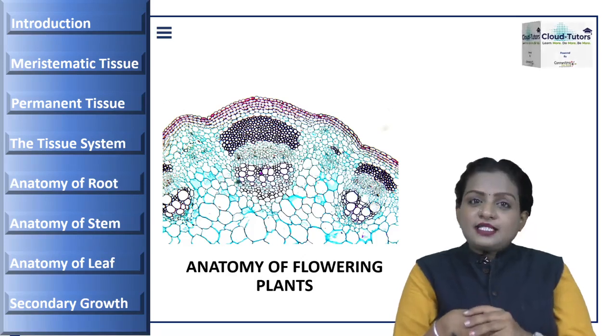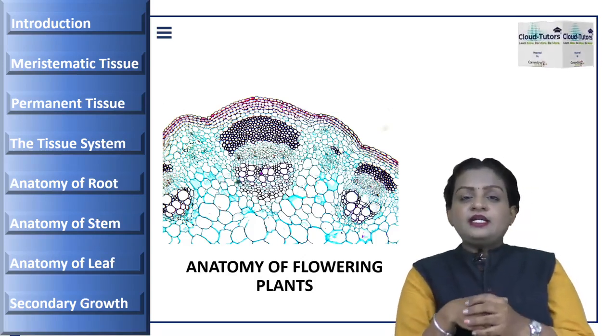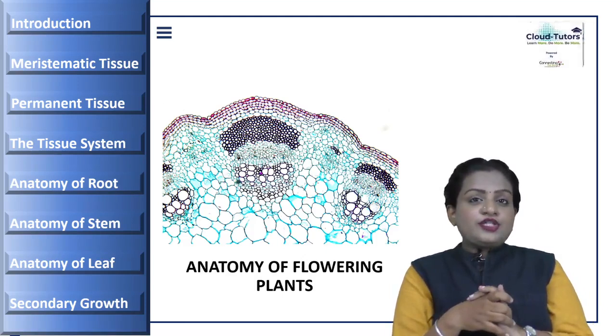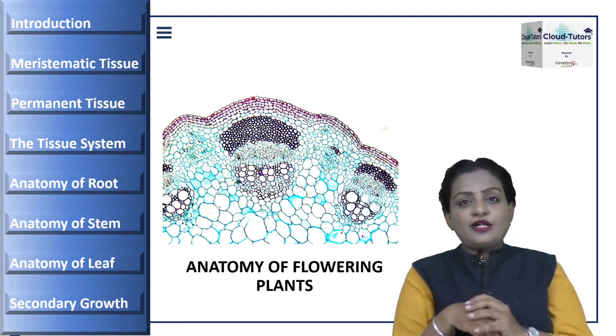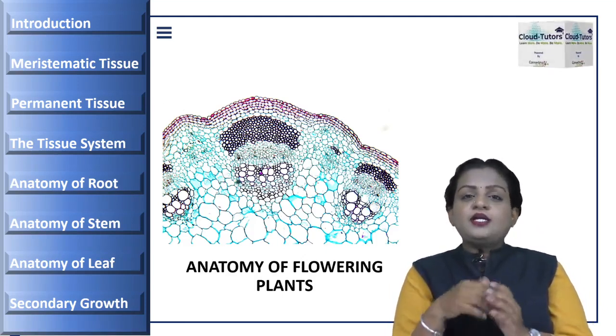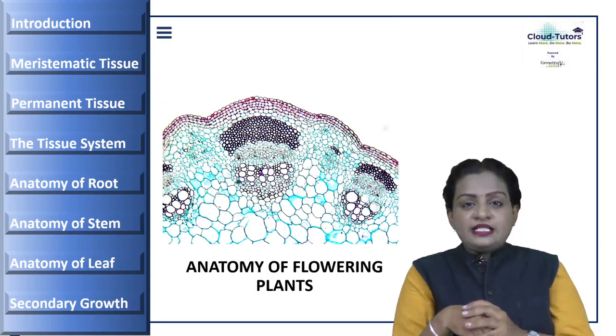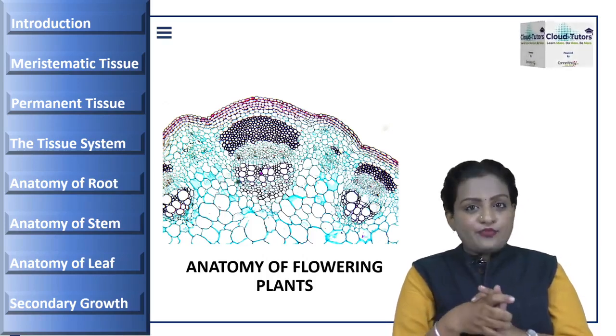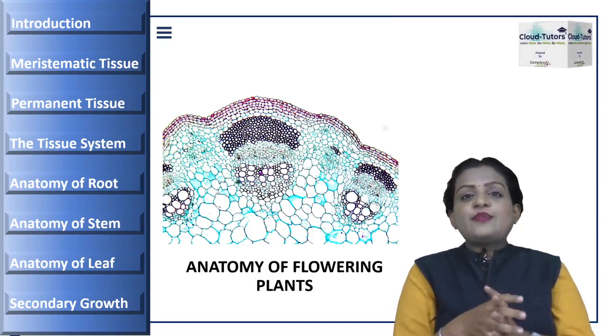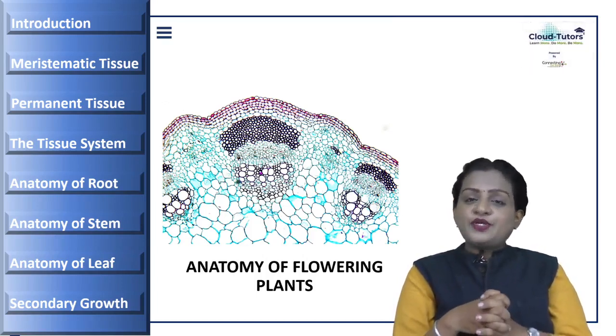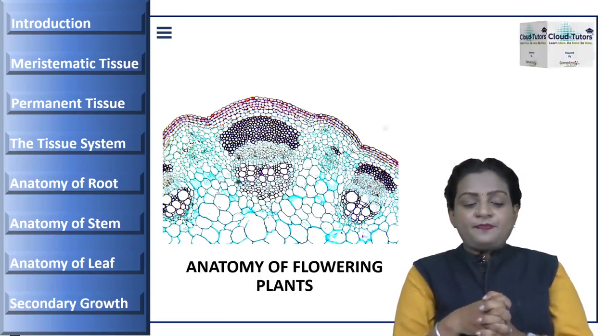Collenchyma have angular thickenings made up of pectin, which is a living mechanical tissue absent in monocotyledonous leaves. Third is sclerenchyma, dead cells which provide mechanical support to the plant. Cell wall is made up of lignin which is impermeable to water.